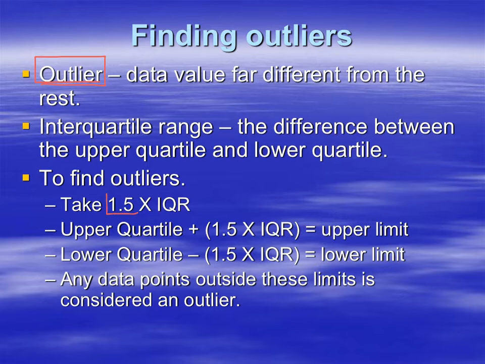That 1.5 is a constant that does not change. Whatever you get for that number, you would add that to the upper quartile, and that's your upper limit. You would subtract that same number from the lower quartile, and that would be your lower limit. And then any data points that are outside these limits are considered an outlier. And I'll show you an example of that in just a second.